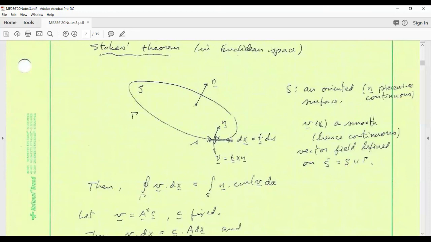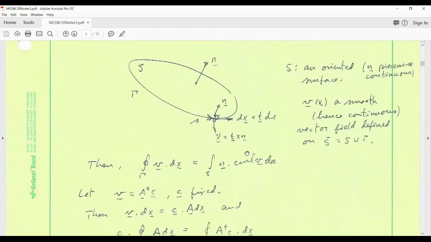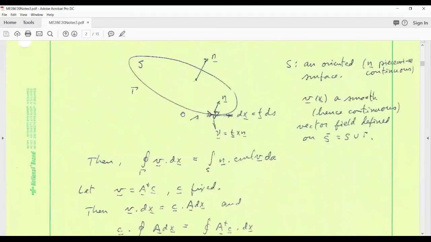With n and t thus defined, I can take a cross product and define a normal to the edge, nu, which is orthogonal to the surface. So a normal to the curve orthogonal to both n and t. We're going to traverse the curve in the sense shown here, such that t, n, and nu define a right-handed orthonormal basis at every point on the curve.